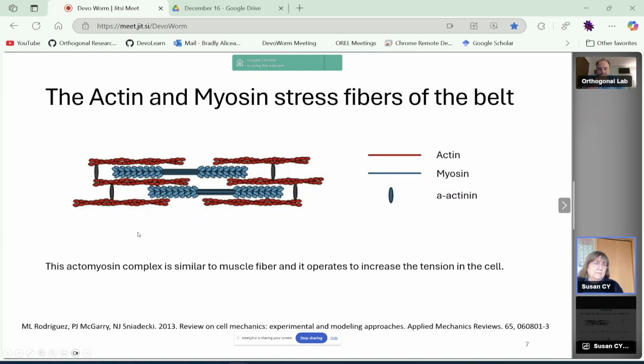These are showing actin and myosin stress fibers that make up the belt. It's non-muscle myosin, but it still acts like muscle does and contracts. So this is where you get the tension in your epithelial structure.